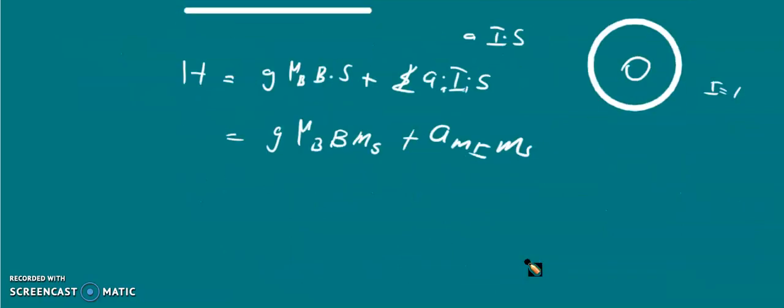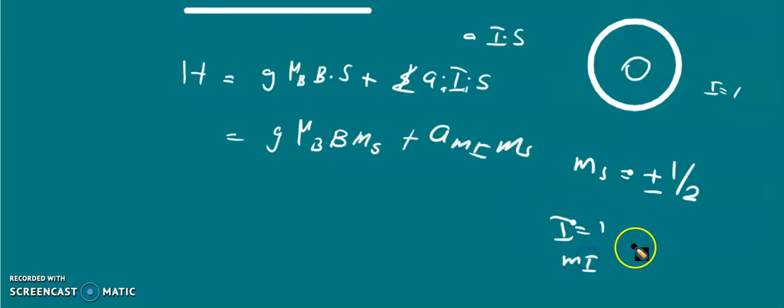So here also m_s can have two values, plus or minus half. And I here is 1, and therefore m_i can have 2I plus 1 possible values: minus 1, 0, 1, 3 possible values.